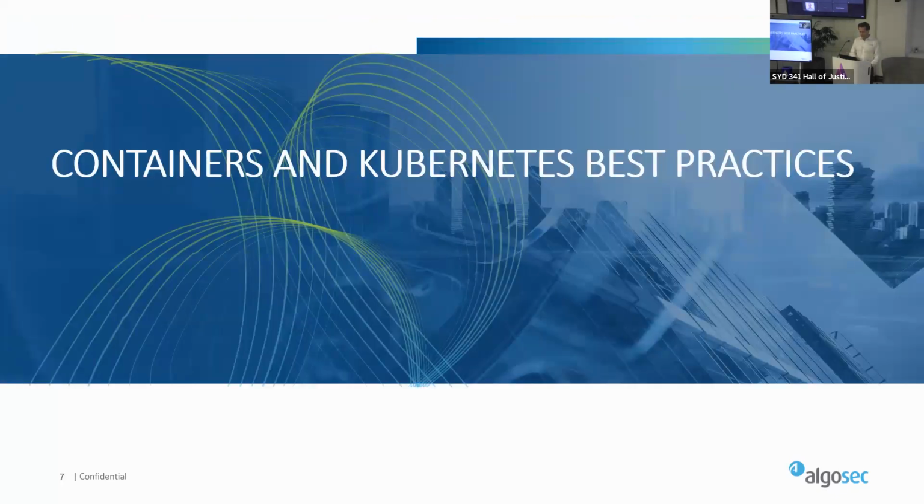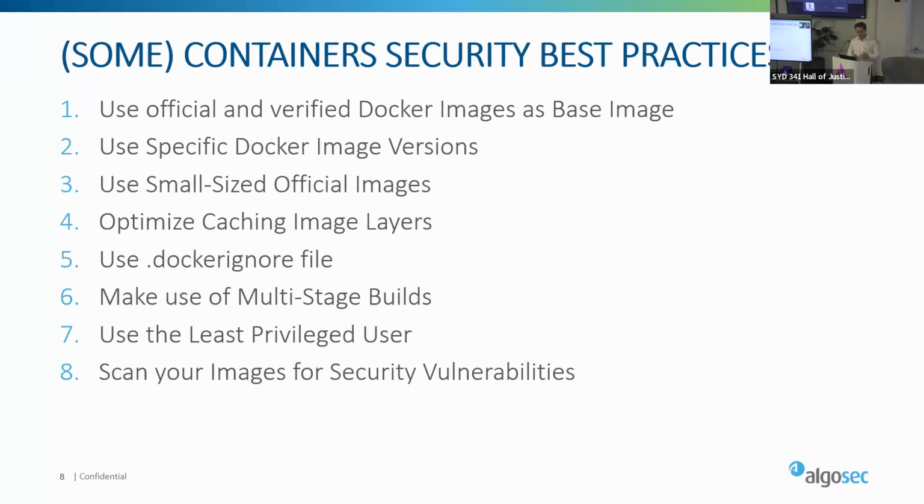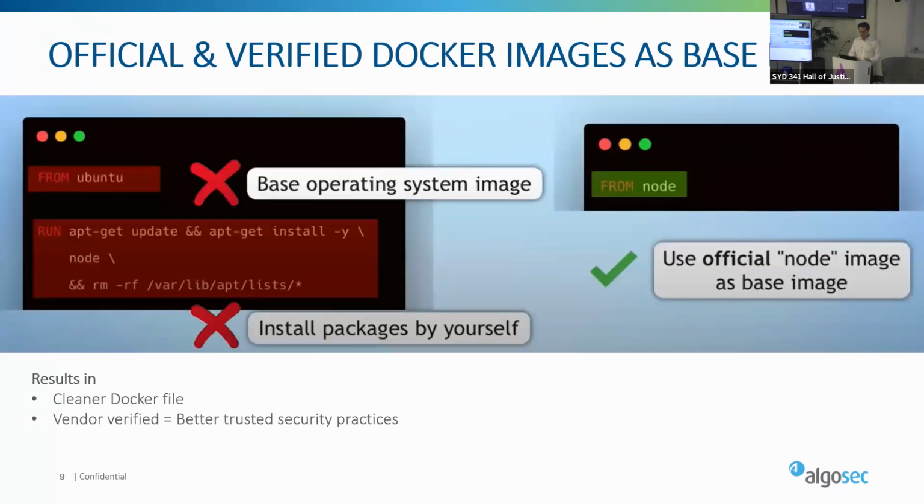Some of the container security best practices: use official and verified Docker images. I'll go through them, maybe not all of them, just start with some to give an example. So use official and verified Docker images as a base image. There are verified images today on Docker Hub.